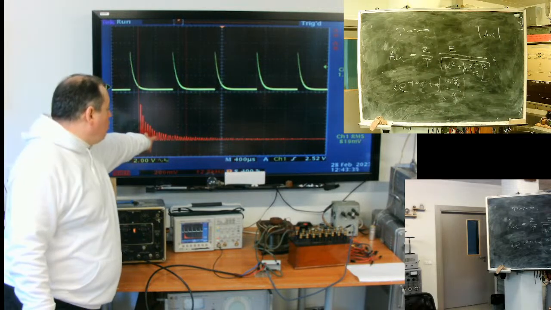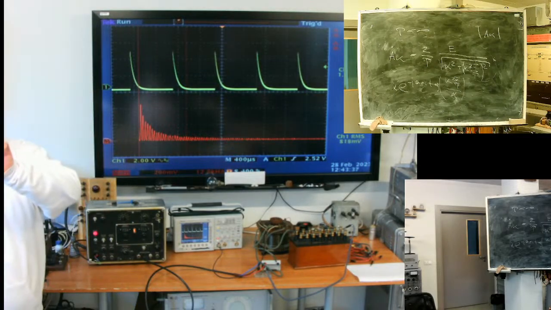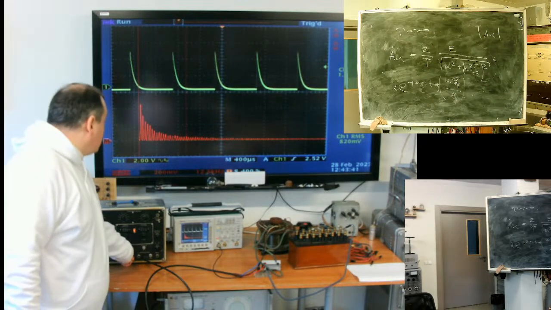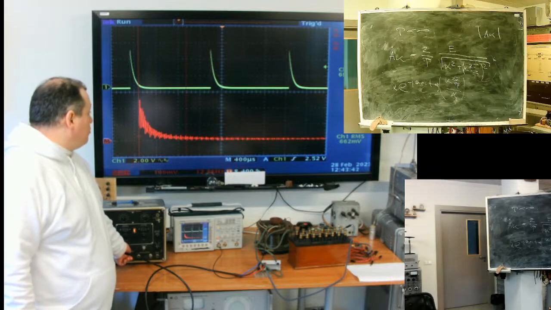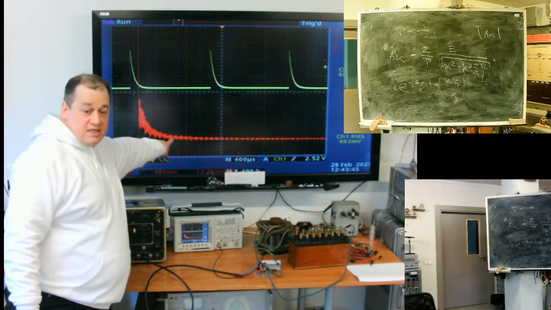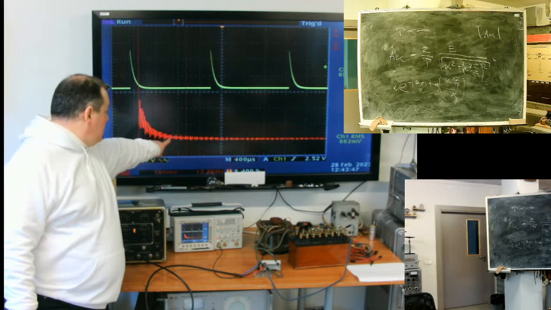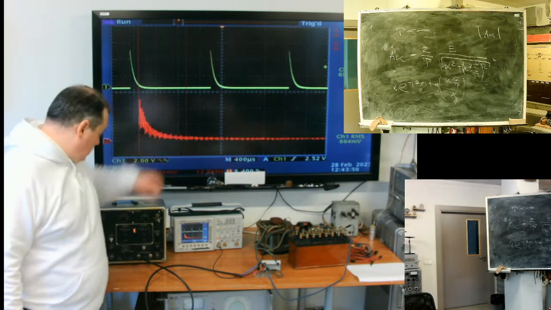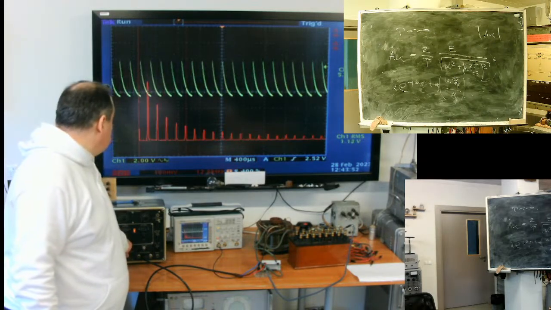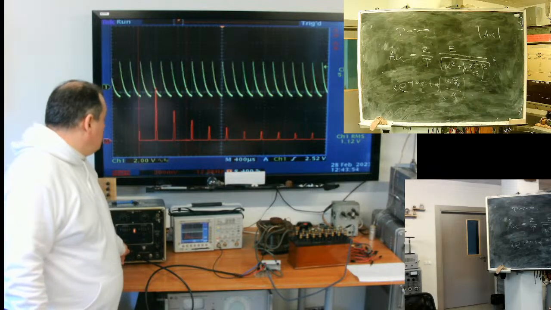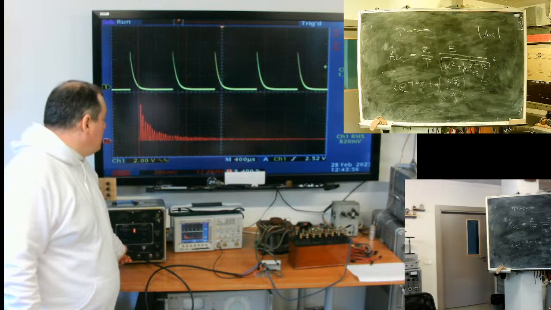They are closer. The space between spectral lines becomes twice smaller. I have quadruple period, and we see just nearly a solid figure.